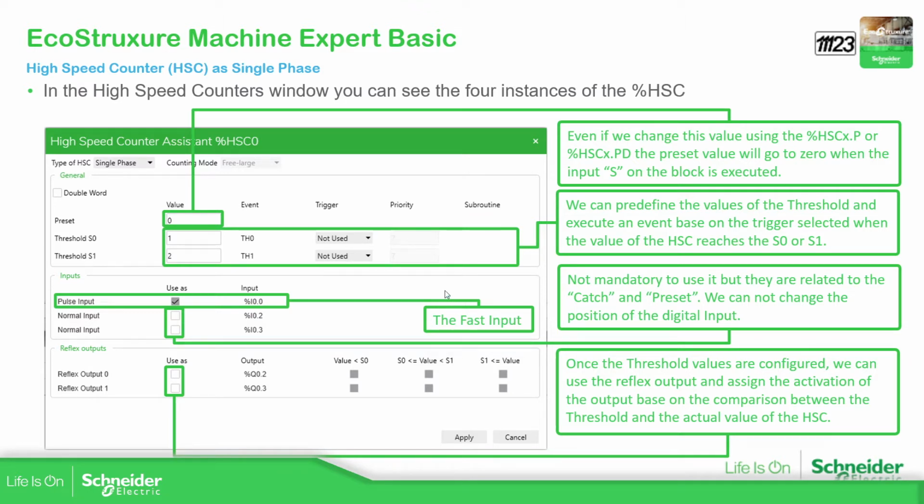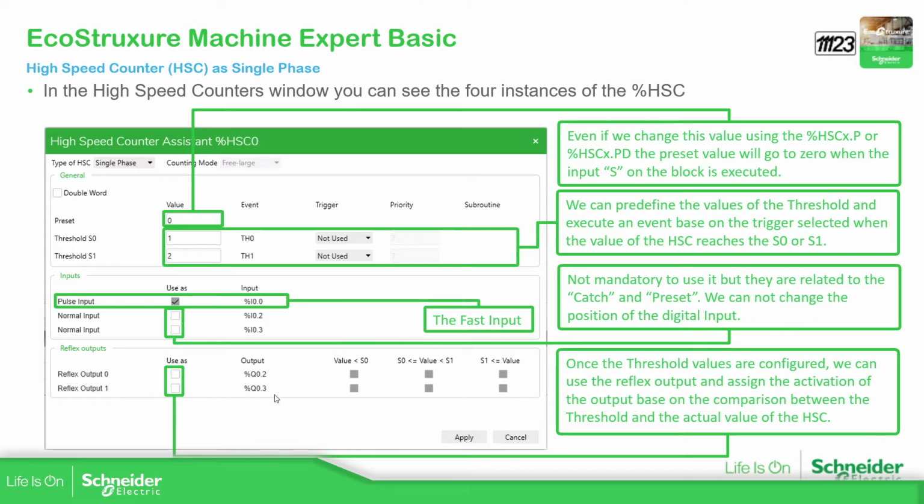Remember, in the previous video I explained which inputs of each Modicon M221 are already defined as fast inputs. Then you have more additional inputs over here. Once you select to use these, it will define if it's catch or preset. I believe this one is preset and this one is catch. We're going to cover that later, but it's not mandatory for the high-speed counter to work.